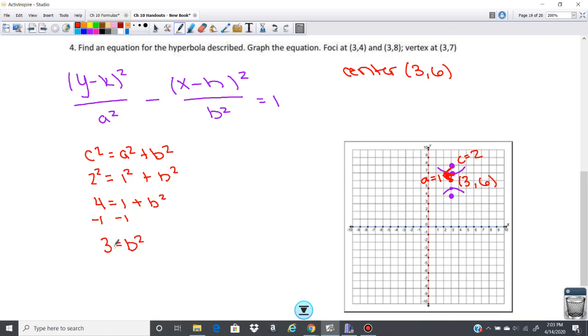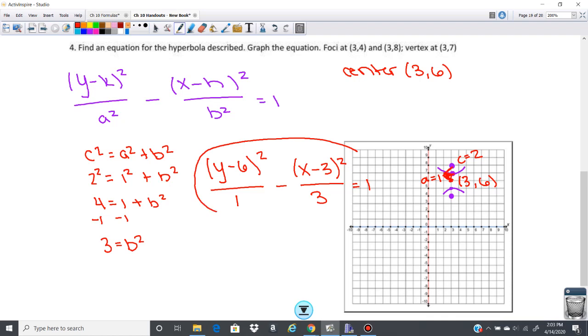Okay, so then I'm going to plug all of these in. I've got (y minus k), which would be 6, squared over a squared. a is 1, 1 squared is 1, minus (x minus h), my h is 3, squared over b squared, which is 3, equals 1. Okay, and that's the equation for my hyperbola.